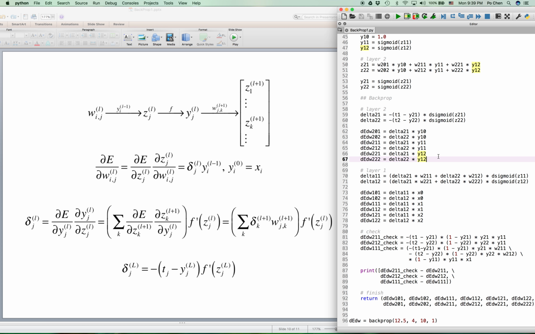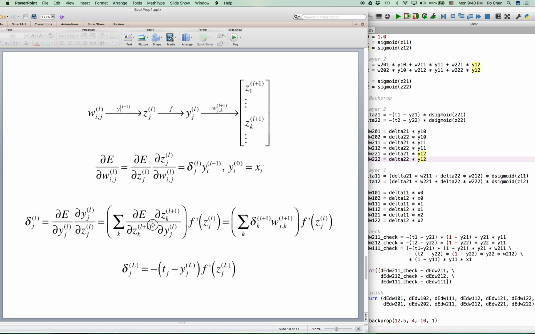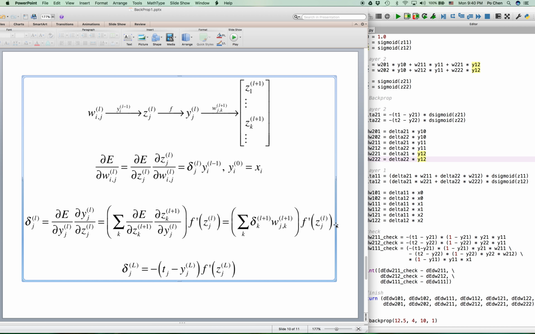And then we move on to the calculation in layer 1. The calculations for the deltas in layer 1 must use the deltas in layer 2. So we have to use this particular equation to compute the deltas in layer 1. If L equals 1, then 1 plus 1 is 2, so we must use the deltas in layer 2.